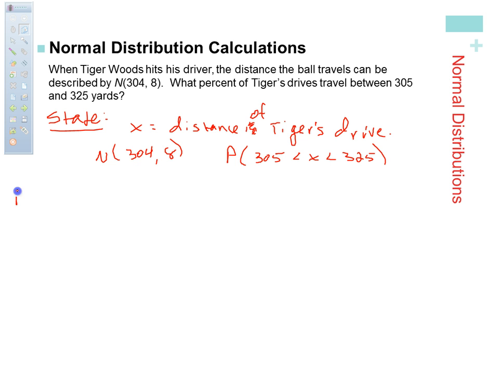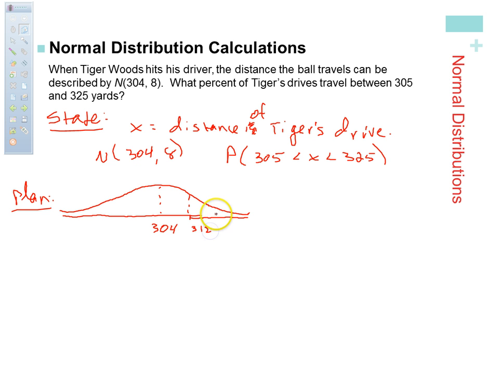So let's plan this out. Well, it's going to be really helpful to shade a curve, and this can be part of showing your work, and I'll explain that more in just a second. So the mean is 304. I'm going to go ahead and list out some standard deviations here. This is 312.